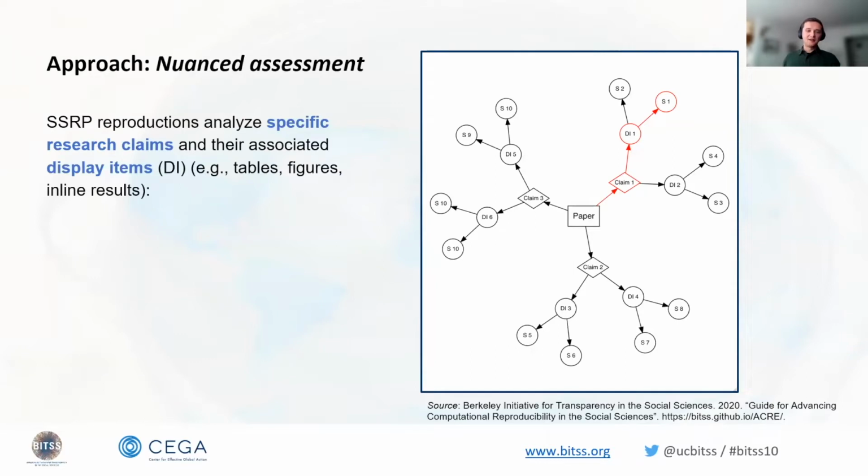Another distinguishing feature of the SSRP is our nuanced approach to assessment. The SSRP analyzes specific research claims, the highlight results typically included in article abstracts. The analysis also focuses on display items, specific tables and figures that display the outcomes of research claims.